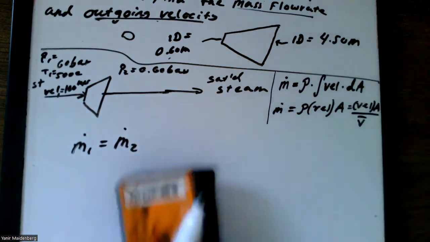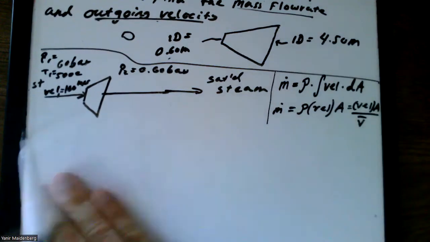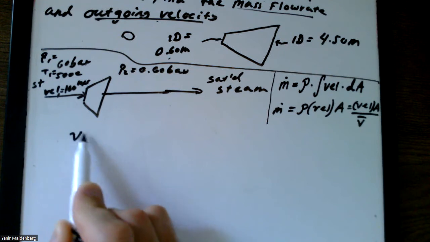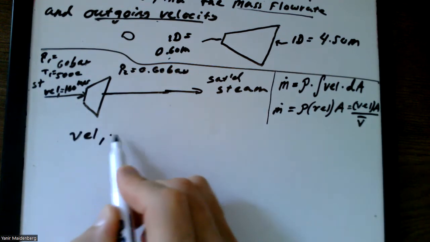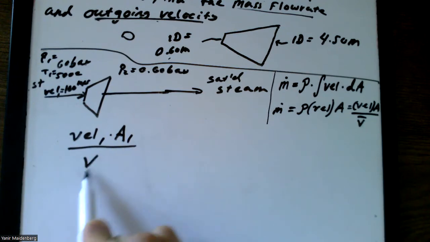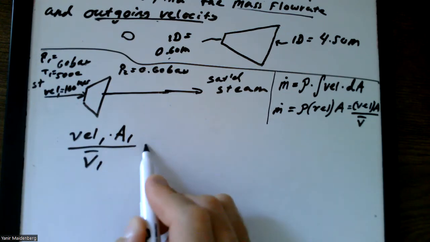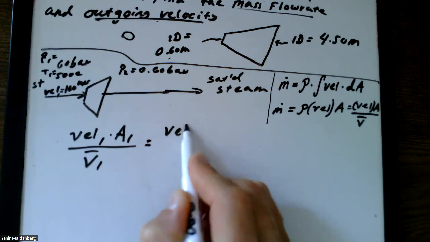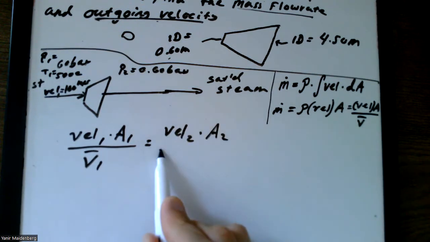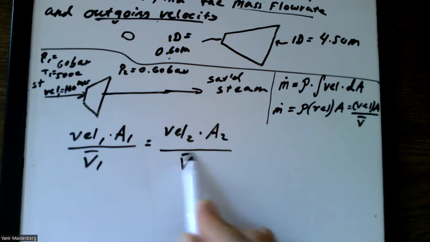So that means, of course, that velocity 1 times area 1 divided by the specific volume 1 is going to be equal to velocity 2 times area 2 divided by the specific volume 2.